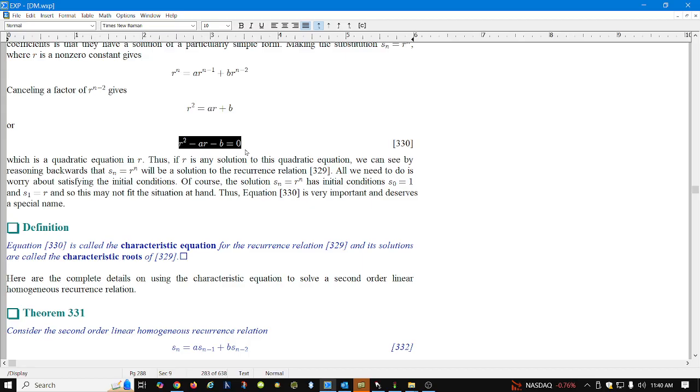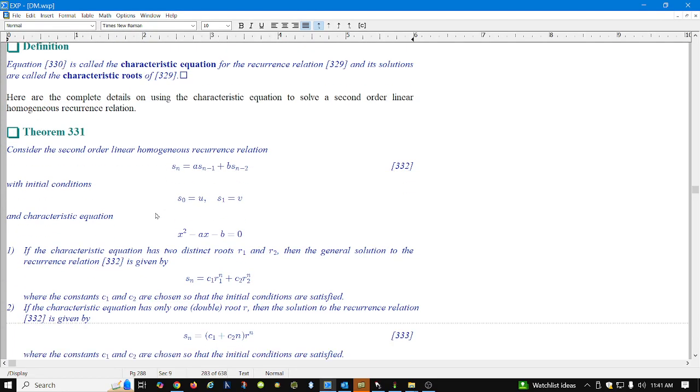It tells us almost everything about this type of recurrence relation. It is called the characteristic equation for the recurrence relation, and its solutions are called the characteristic roots of the recurrence relation. These are terms you may have heard before if you've studied linear algebra in a different context with regard to eigenvalues.